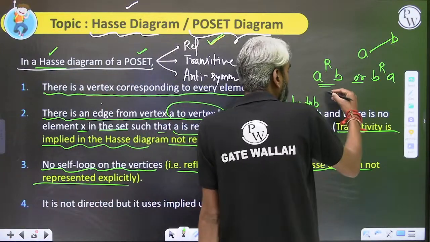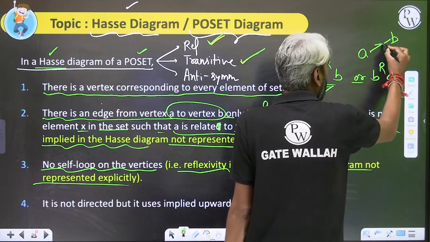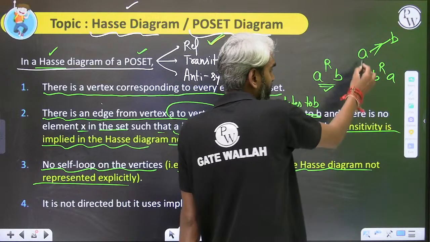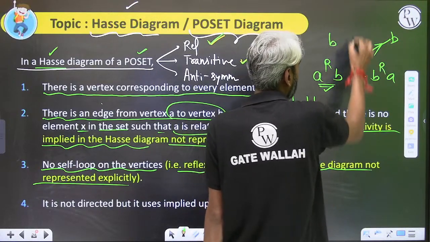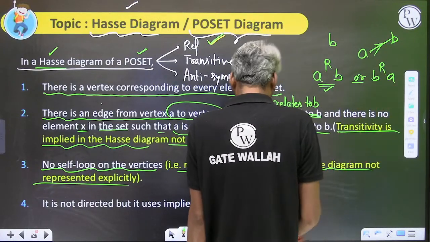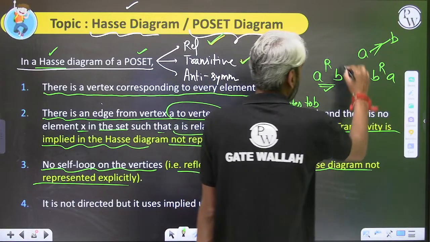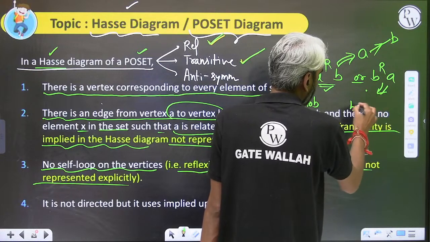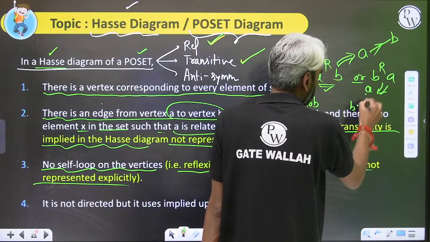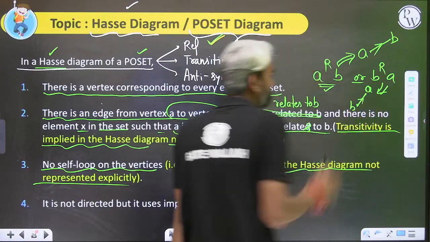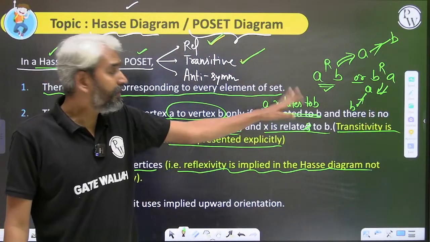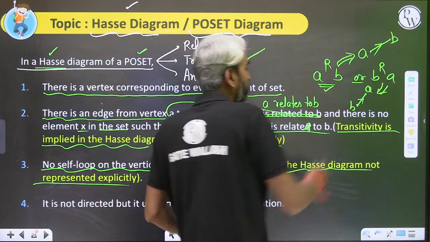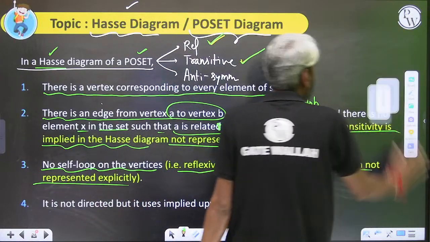If you want to represent that A relates to B, you can draw a directed edge from A to B. If you want to represent that B relates to A, you can have two vertices, one for B and another for A, and draw a directed edge from B to A. But this is when you are using directed edges, that is, when you are making the Hasse diagram a directed graph.